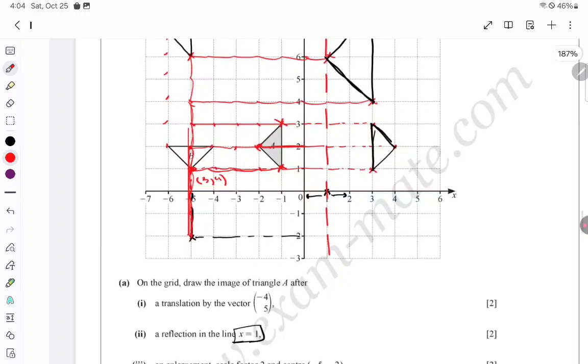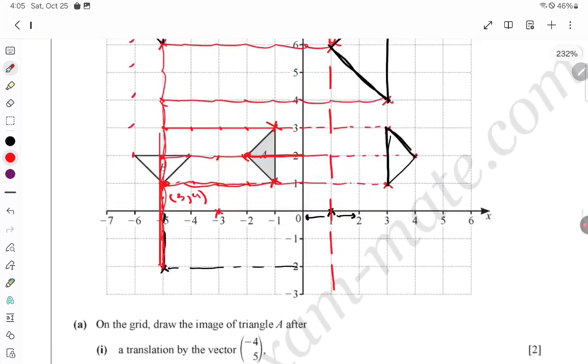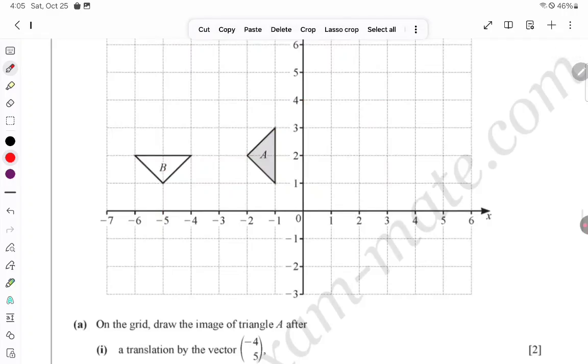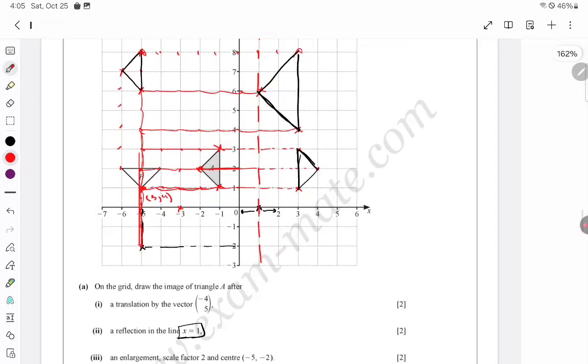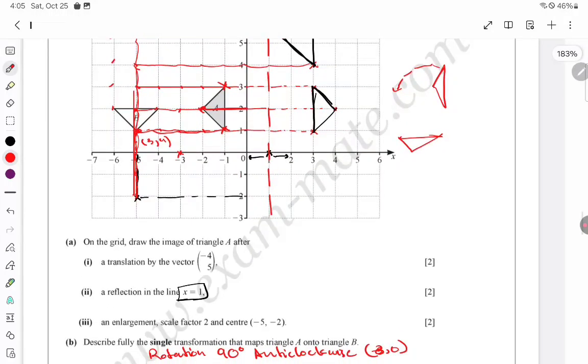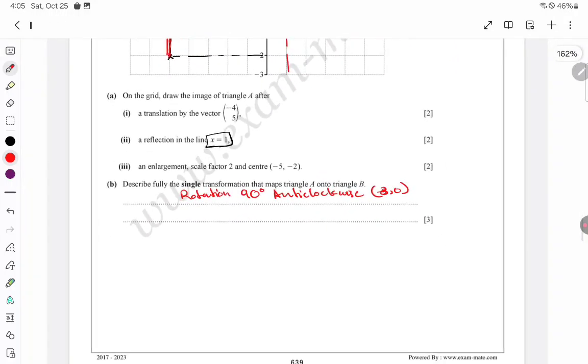As it is rotated from here to here in anti-clockwise direction like this. So this is our part B answer.